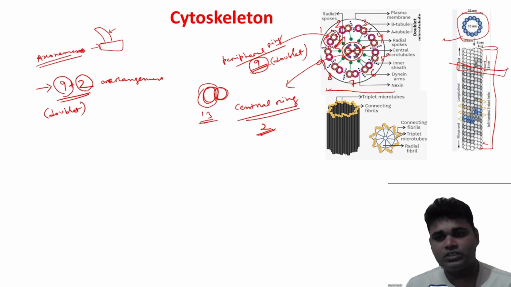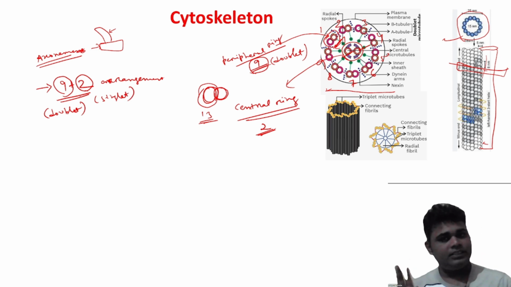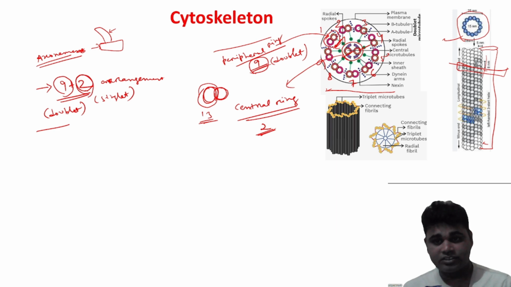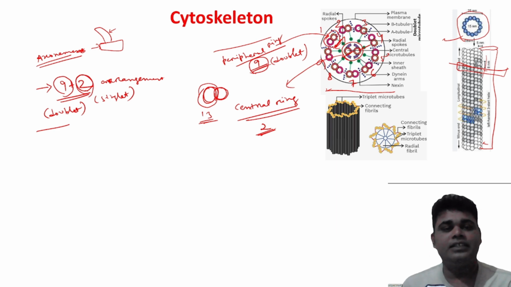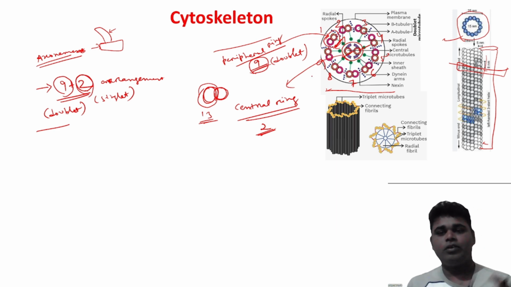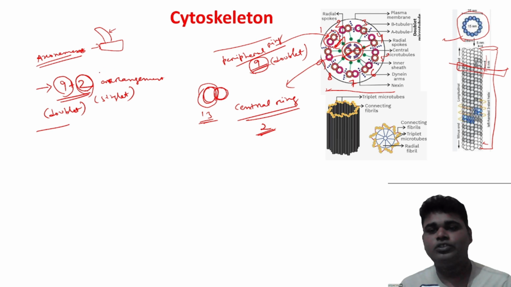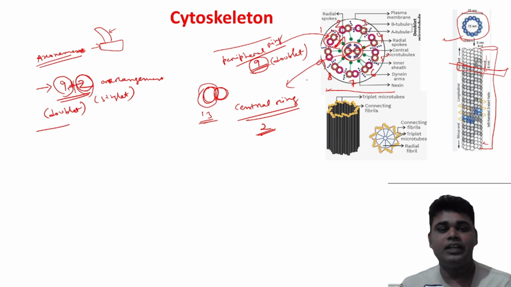That means 2 singlets. So 9 doublets and 2 singlets, and the 9 doublets are present in the periphery region, and the 2 singlet structures are present in the central region, and overall it is called the 9+2 arrangement, and it looks like this.